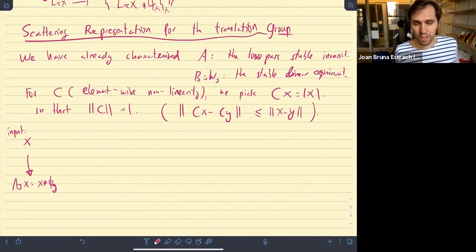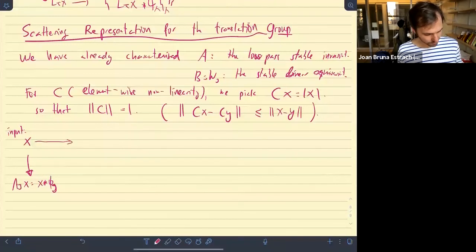So this operation is just looking at the low frequencies, right? What is the information that is lost by this low-pass filter? How can we recover the information that is lost by the low frequencies?